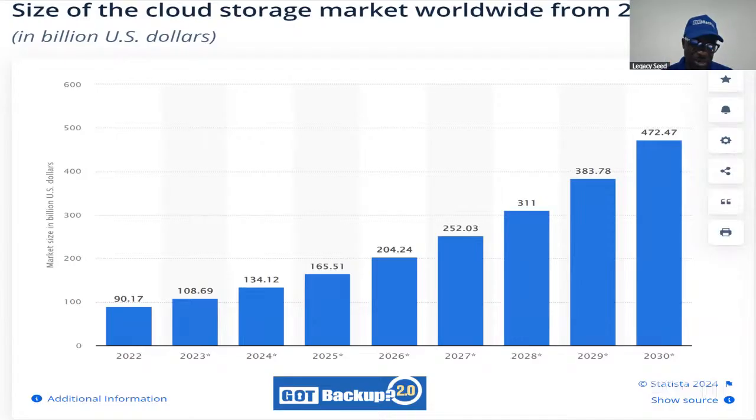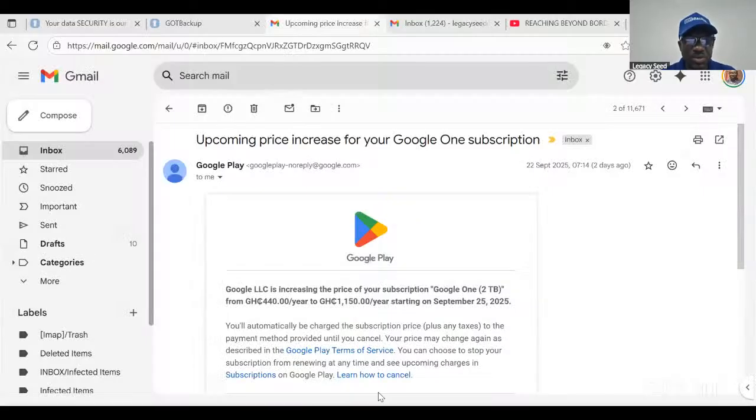In fact, before I continue, I think I need to show something. Many of you may have received an email from Google just as I did. I received this email from Google weeks ago, and then I got a reminder again 2 days ago. And what was it? It's an upcoming increment in the price.